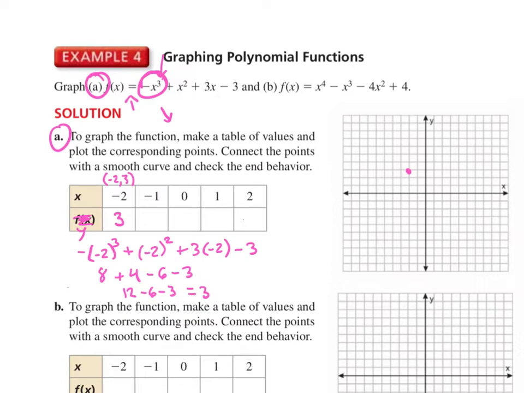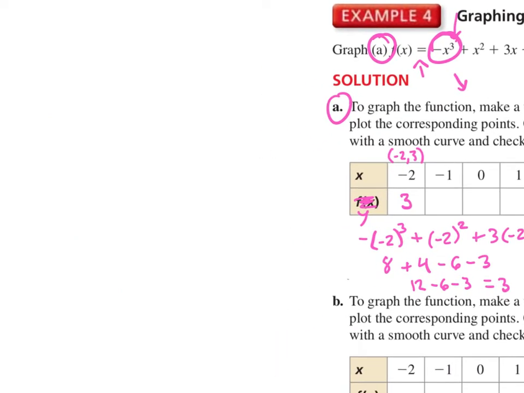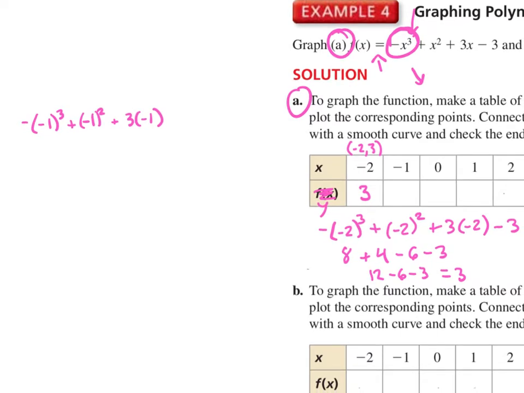Next, we are going to plug in negative 1. I'm going to do that on the side over here. So we have negative 1 cubed plus negative 1 squared plus 3 times negative 1 minus 3. Negative 1 cubed would be negative 1, times a negative would become positive 1.